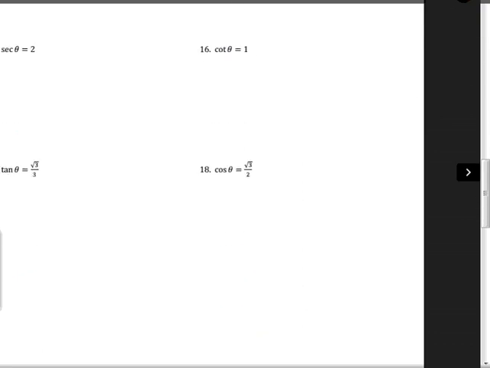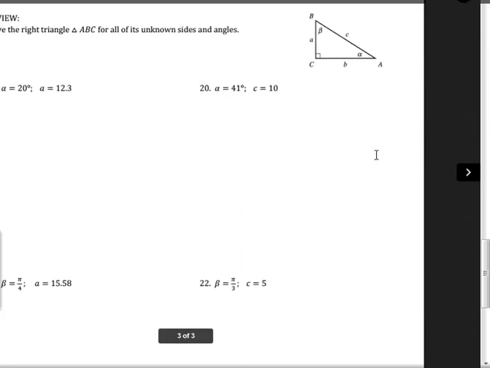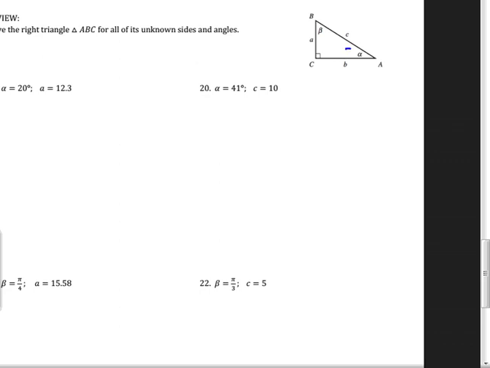There we go. Okay. So, on the back side, this is all review. Nothing new here. Yay. So you should be able to find this. This is just a reminder how to do this kind of problem where if alpha is 20 degrees and A is 12.3, they say find all its unknown sides and angles.